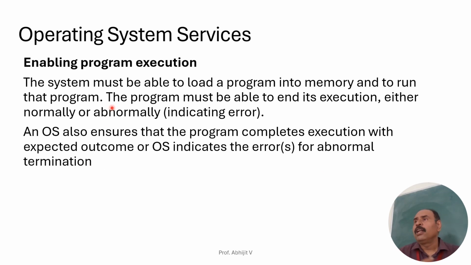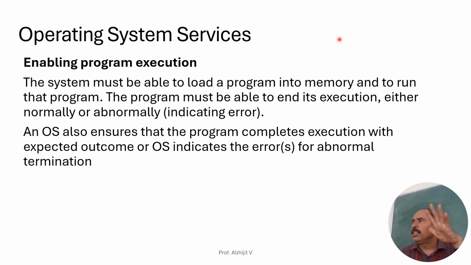The second service that an operating system provides is that it enables program execution. That means you have different kinds of softwares. For example, now I'm using Microsoft PowerPoint. PowerPoint is a software, and that program is being executed in the Windows operating system so that I can use it. Like MS PowerPoint, we have so many other softwares.